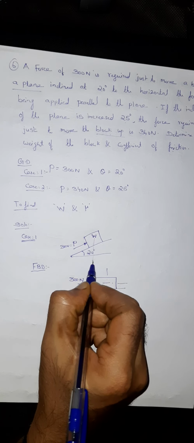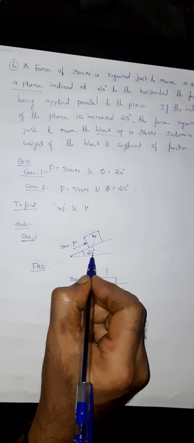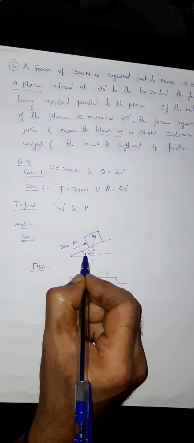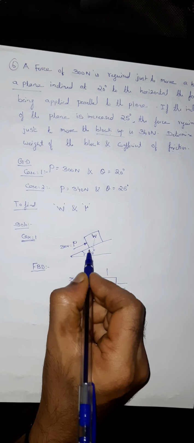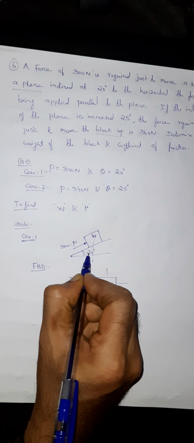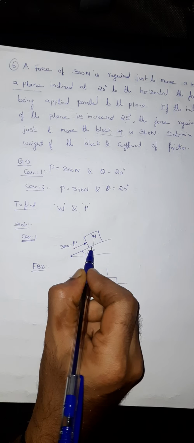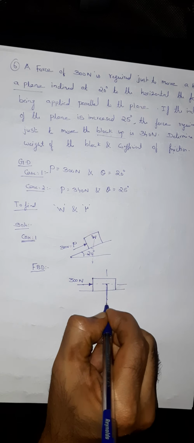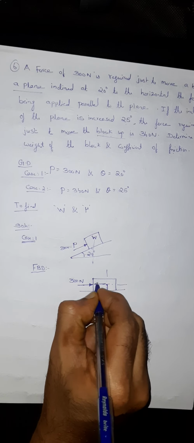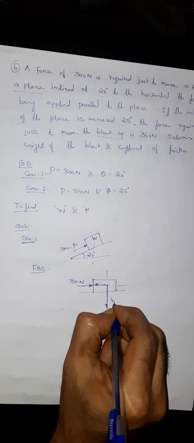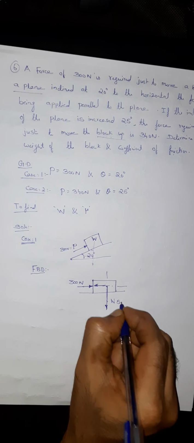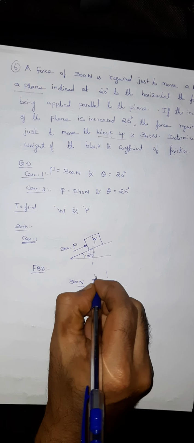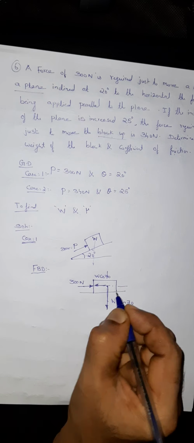When this is 20 degree, what about this angle? This could be 90, this is 20, and the internal angles of a triangle sum to 180. Therefore 90 plus 20 is 110. The balance is 70. So this can be written as W sine 70, and this as W cos 70.